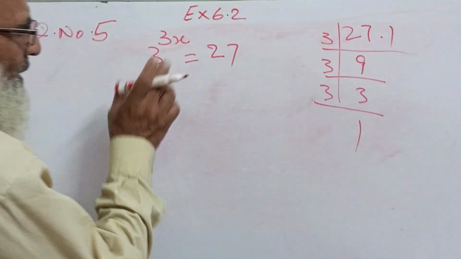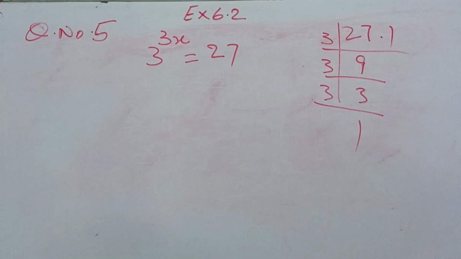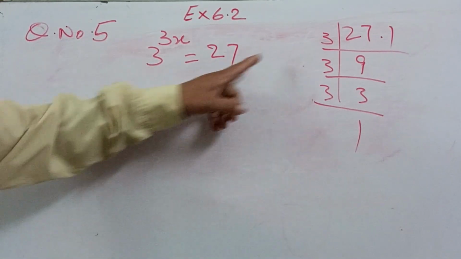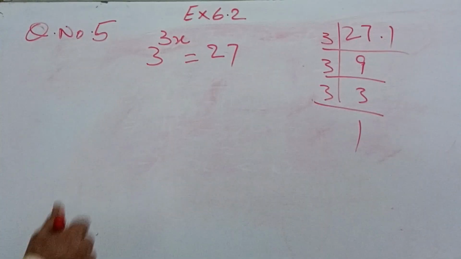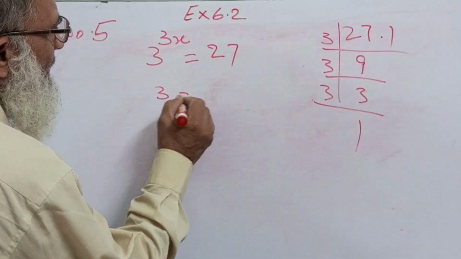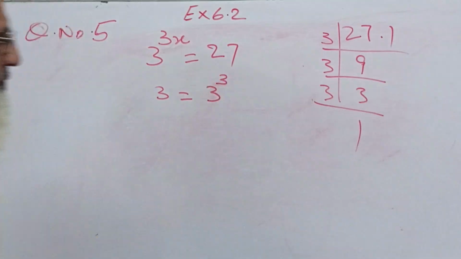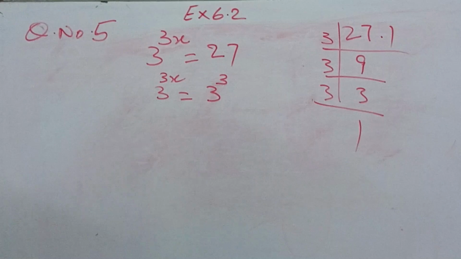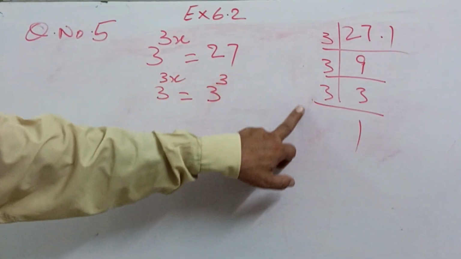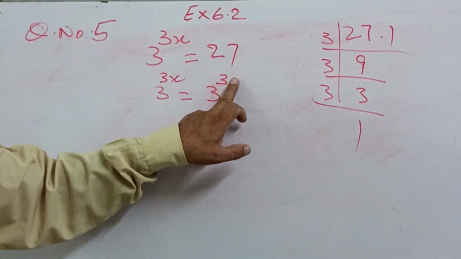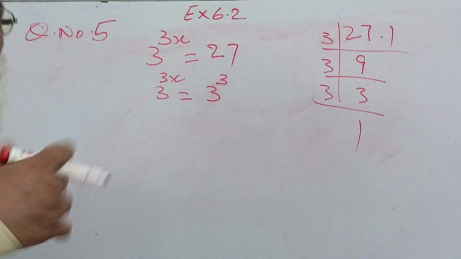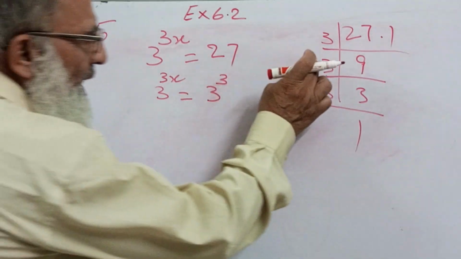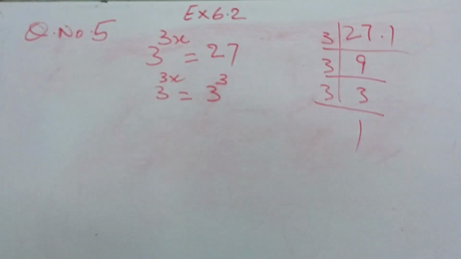Now you see that if I want to make the bases the same, I have to write this thing. So it will become 3 raised to the power 3x is equal to 3 raised to the power 3, that means the cube of 3, because 3 times 3 is 9 and 9 times 3 is 27.